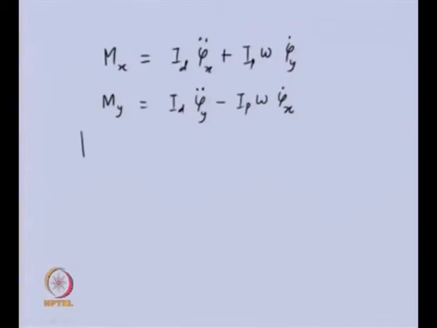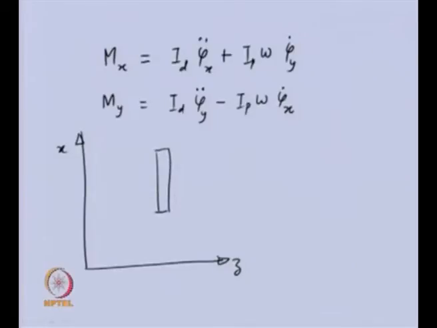so I am drawing the free body diagram of the disc in the zx plane. So this is the disc, this is the x displacement of the disc, the translatory displacement. Apart from that, it is tilting in the positive y direction, that is phi y.